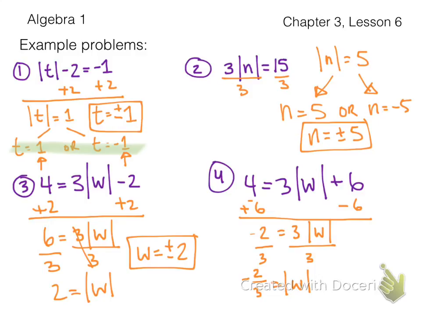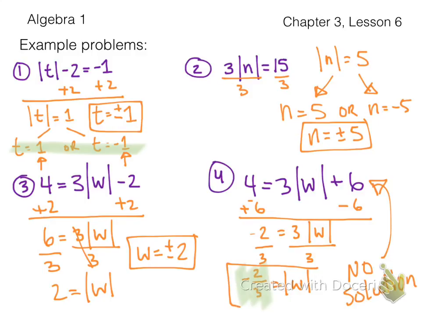Well, this is a false statement. You cannot do anything with this. The absolute value of w means that the answer needs to be positive. Since this answer is negative, we say that this has no solution. Okay, so you need to pay attention to that.